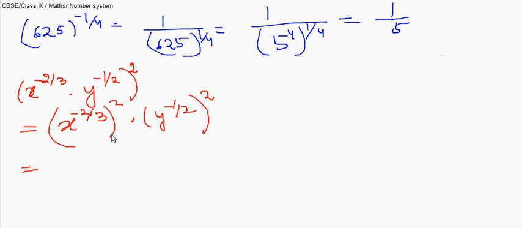That means I can multiply this by 2, so it is minus 4 by 3, and if I do this, I'm getting y to the power minus 1. This can be written as x to the power 4 by 3, removing the negative part, and here also I can write a minus. This was not much difficult though.